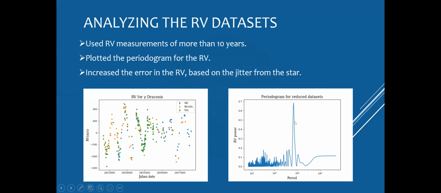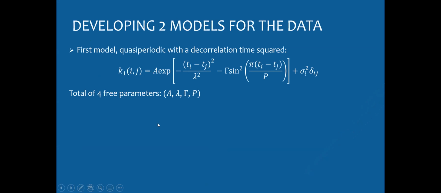I also increased the error in the radial velocity for my first model, basing this on previous work on how jitter affects RV measurements and adds extra error. Moving on, I developed 2 different models, both quasi-periodic kernels, with different numbers of parameters.